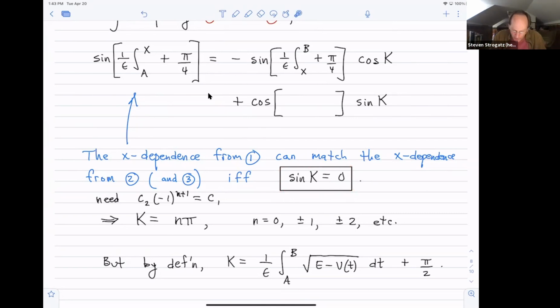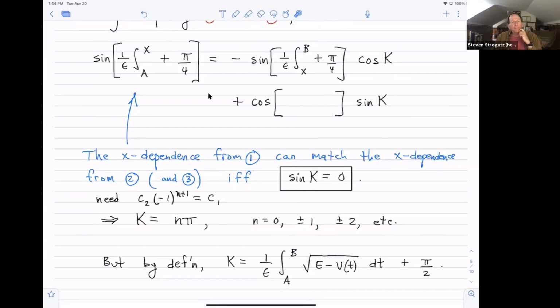And so what does that translate to? Sine of K equals 0. That tells me K is n pi. At the moment, I could imagine n could be any integer, 0, plus or minus 1, plus or minus 2. Soon I'm going to rule out some of those integers.